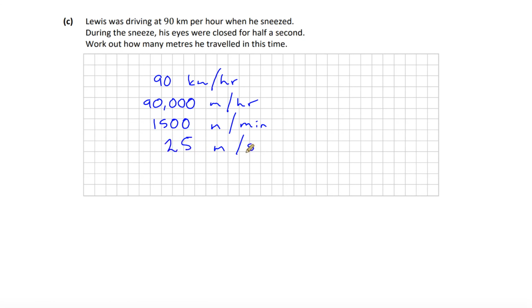So 25 meters in a second. So remember here, we multiplied by 1,000 to convert the kilometers to meters. Then we divided by 60 to convert the hours to minutes. And then we divided by 60 again to convert the minutes to seconds. So it's 25 meters per second. That's the same speed as 90 kilometers per hour.